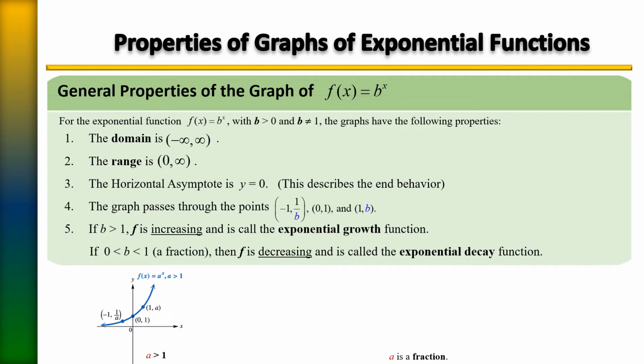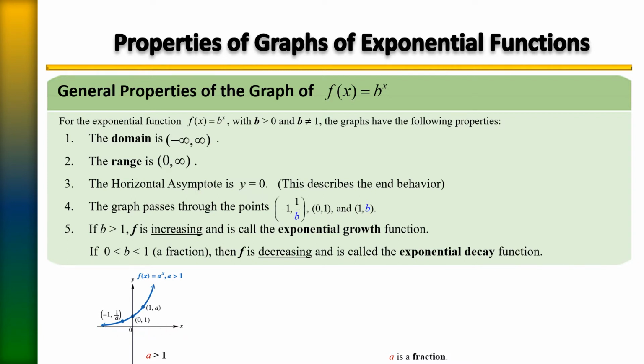Other characteristics of an exponential function: the range will always be from 0 all the way to positive infinity, and the reason for that is because there's a horizontal asymptote at y equals 0, which means the graph will never go below that line.